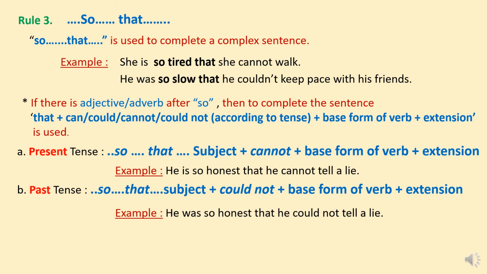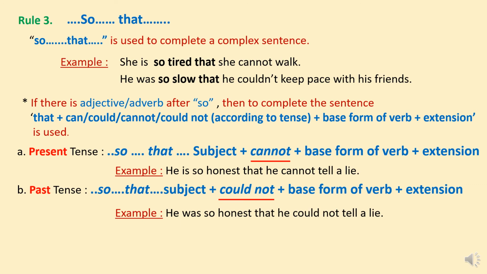So students, if in the first clause it is present tense, then after that it will be subject plus present form, that is cannot plus the base form of verb. Again, if the first clause is in past tense, then after that it will be subject plus past tense, that is could not plus base form of verb plus extension.